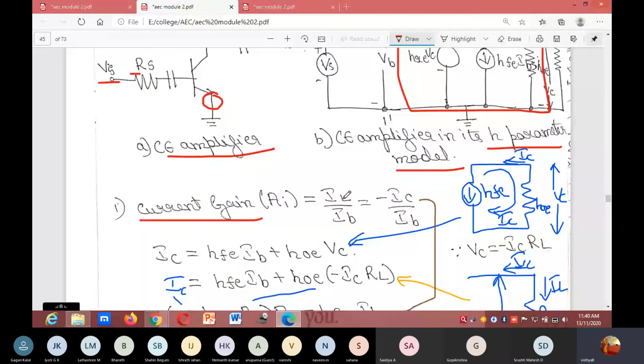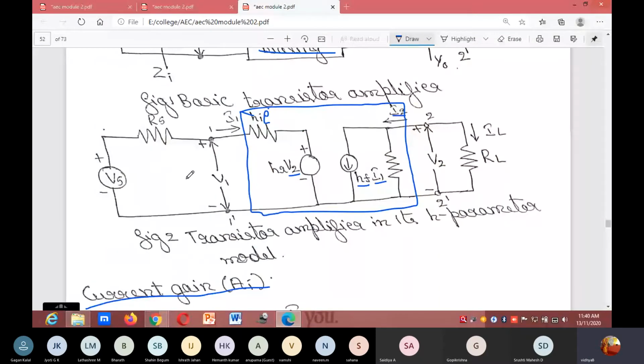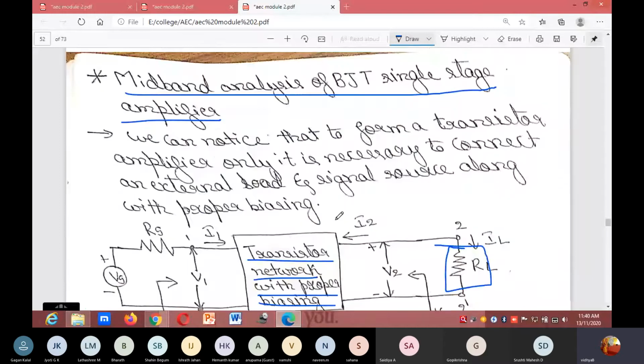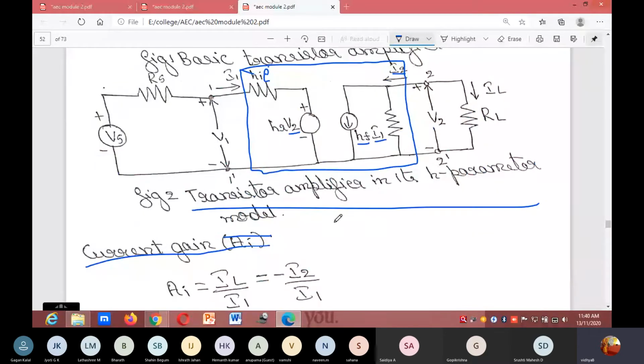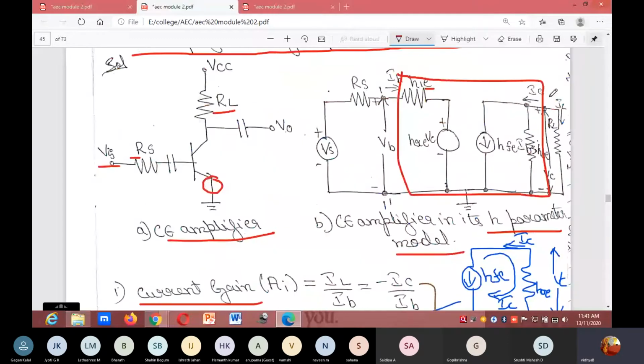Here the input current is IB and the output current is IL. Compare with the mid-band analysis model diagram: there AI is IL divided by I1, and here also IL divided by IB.